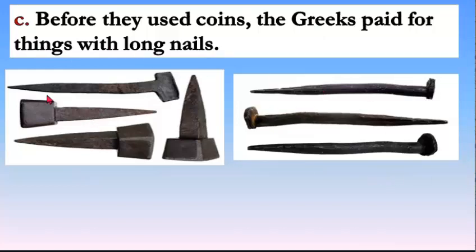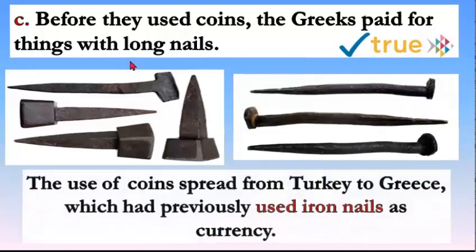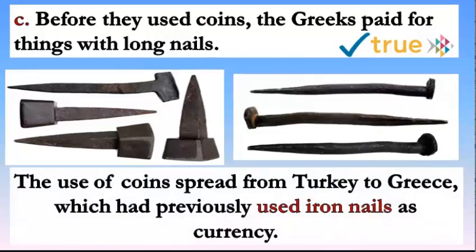Did they pay for things with long nails before using coins? That's true. The use of coins spread from Turkey to Greece, which had previously used iron nails as currency.